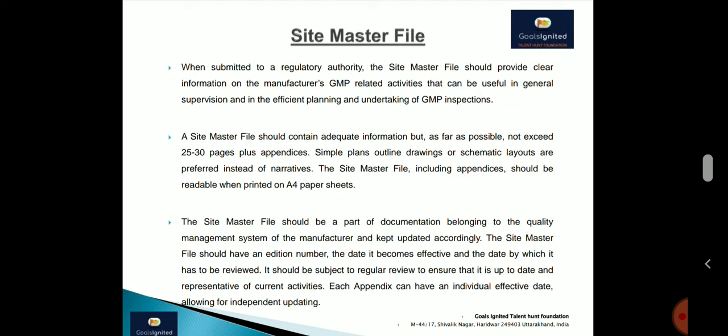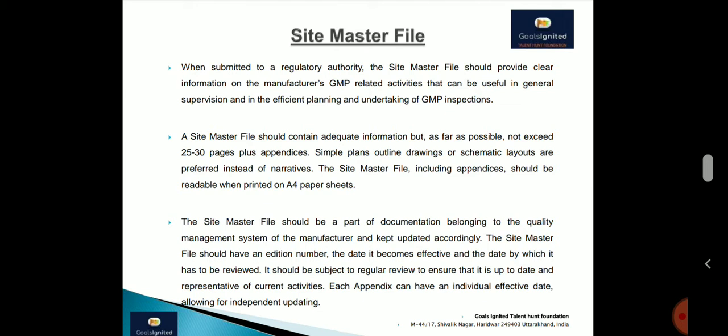The standard or ideal site master file should not be more than 30 pages, plus appendices as extra. So simple plans, outlines of drawings, or schematic layouts should be accommodated in 30 pages plus appendices. The site master file should be part of the documentation belonging to the quality management system of the manufacturer and kept updated accordingly.